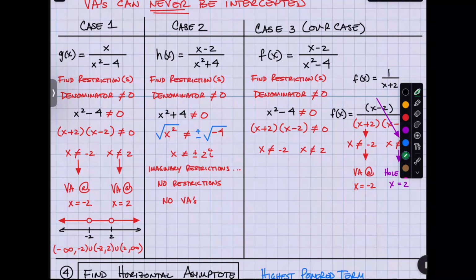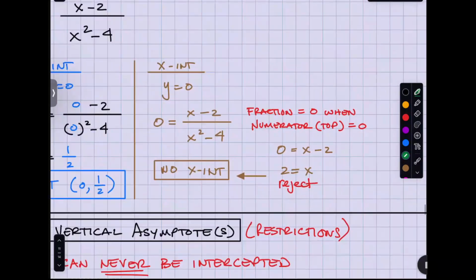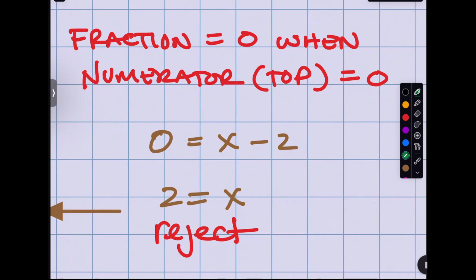So if I'm going to solve for my x-intercept and I set my y equals 0, I'm essentially just setting this equal to 0. Correct. So look at what it says right here. The fraction is equal to 0 when the numerator is equal to 0.